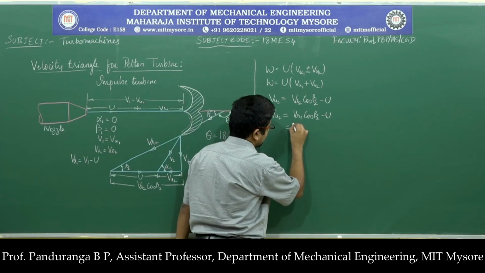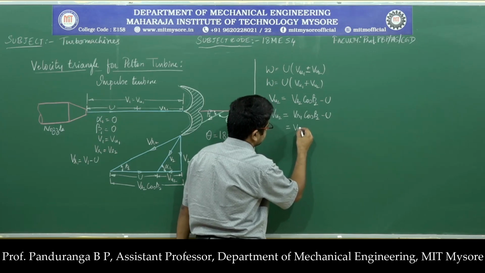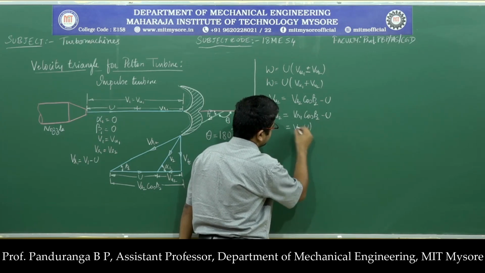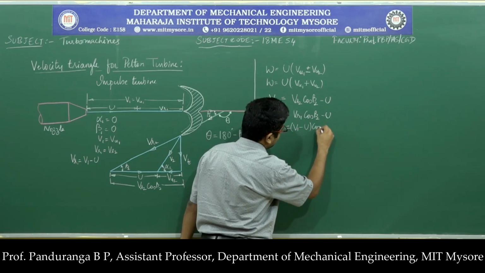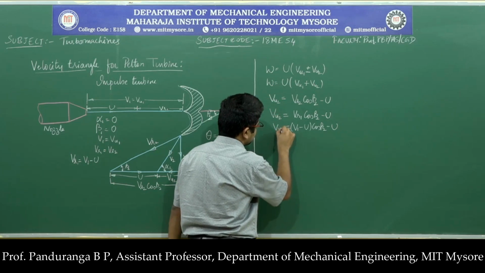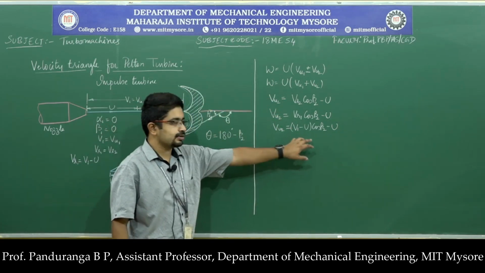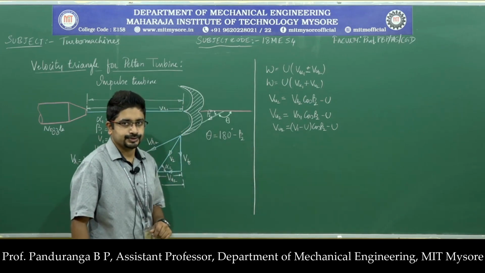So it is V1 minus U into cos beta 2 minus U. So this is Vu2. So Vu2 will be equal to (V1 minus U) into cos beta 2 minus U.